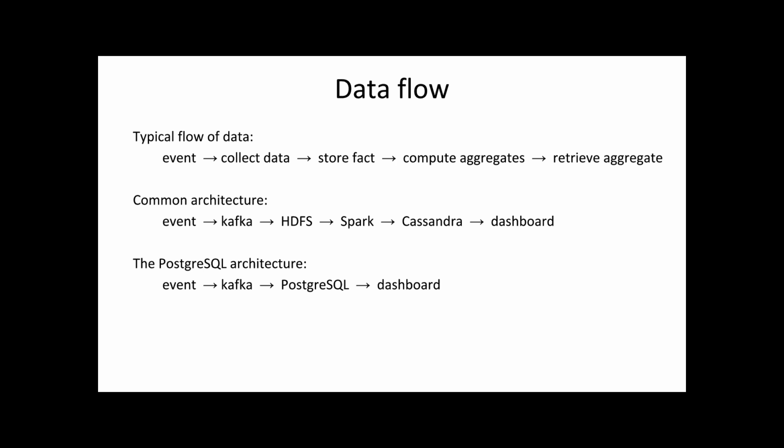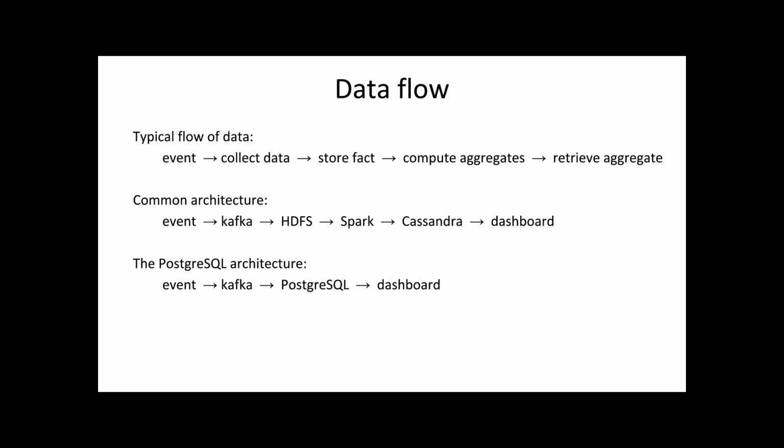And an architecture you might see somewhere is, well, Kafka is a system for collecting data. I mean, this is just one very specific example, actually. But very often people actually store data in HDFS. Not so much because they have so much data that it doesn't fit on a single node, but actually because computing the aggregates is so computationally expensive that you kind of need a cluster for it.